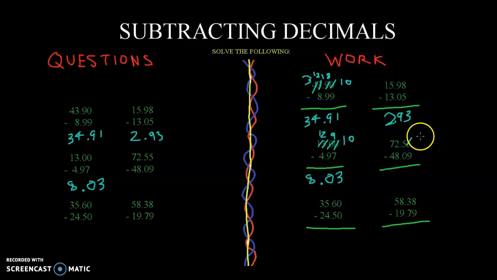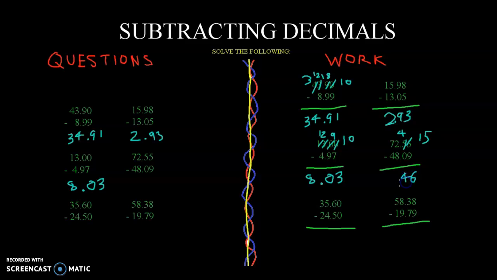There's regrouping here as well. Okay, 5 turns into 15. 5 turns into 4. 15 minus 9 is 6, right? 4 minus 0 is 4.